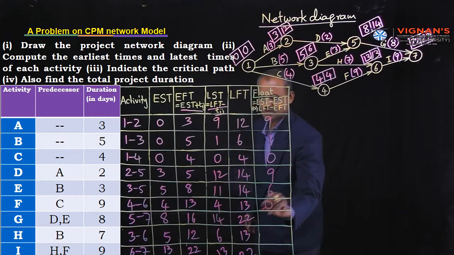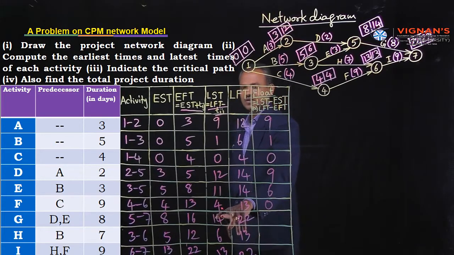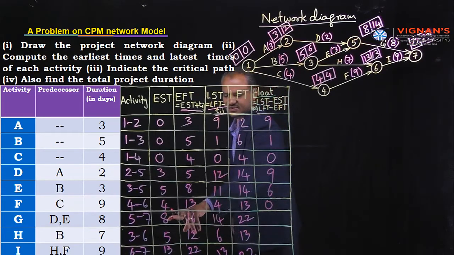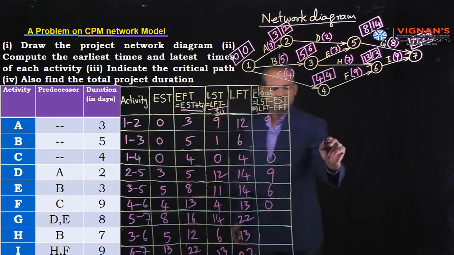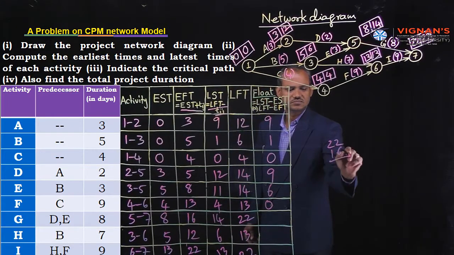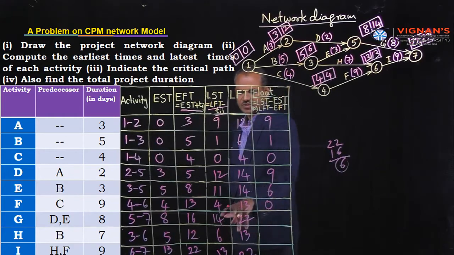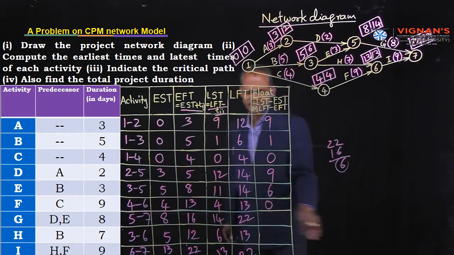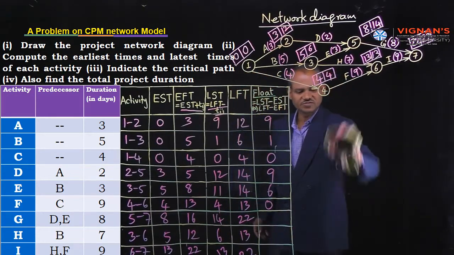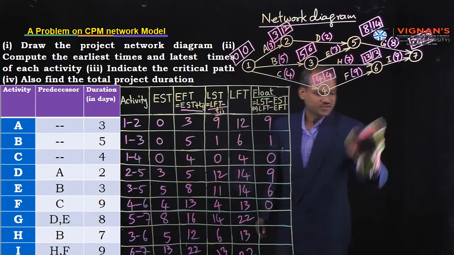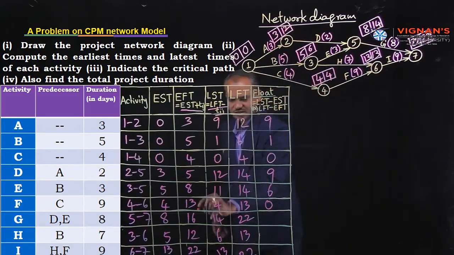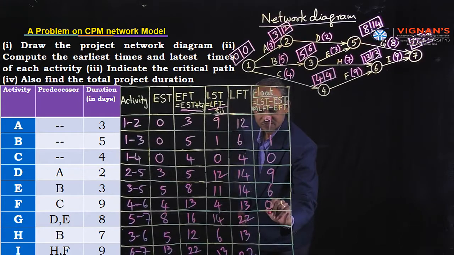Next, 14 minus 8 or 22 minus 16. Okay, it's a 6, in both ways the value becomes the same, 6.